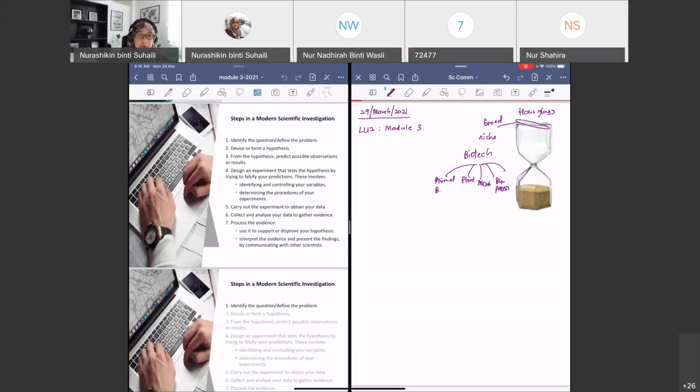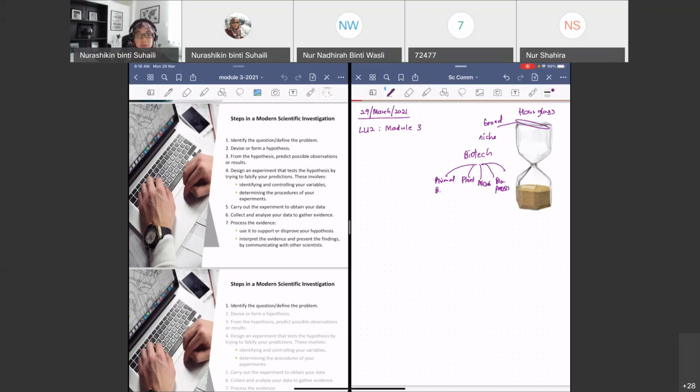The reason why you have to know the niche areas and you have to know the interest is because when we do research, we will spend lots of time for that. Like FYP, it's not like any other courses that you take in second year or in the first year, because you have to deal with it most of the time.